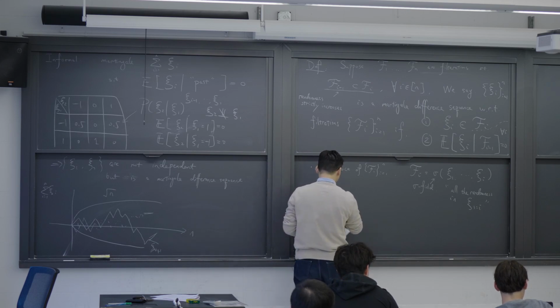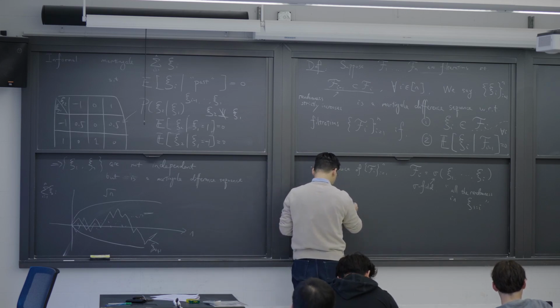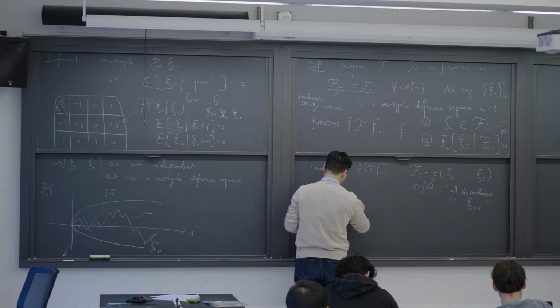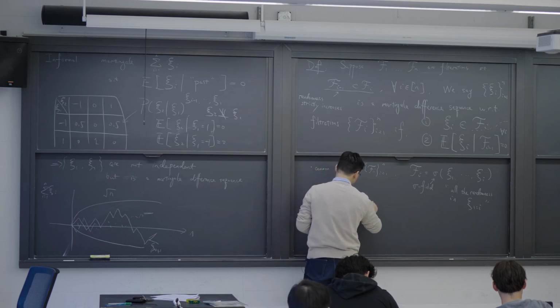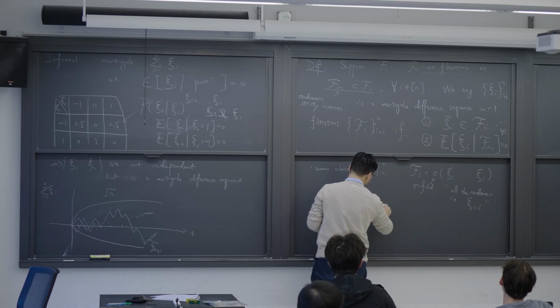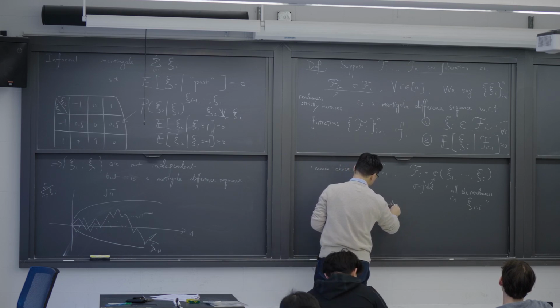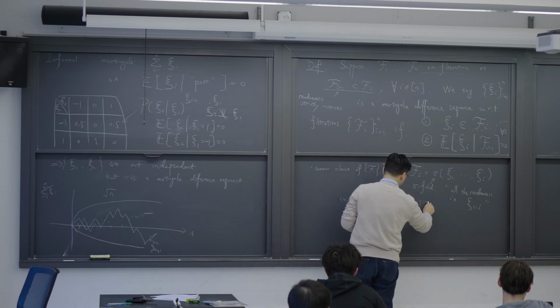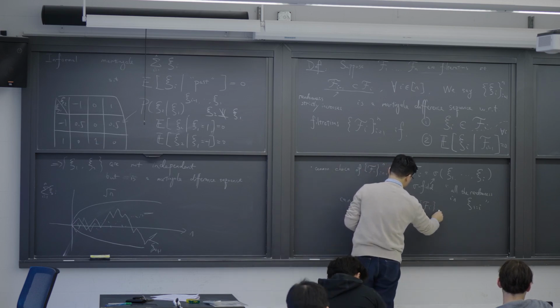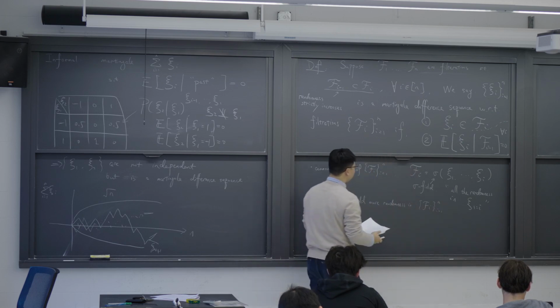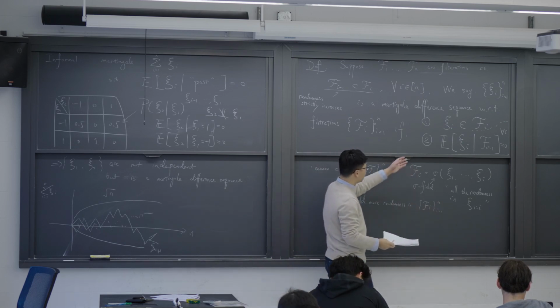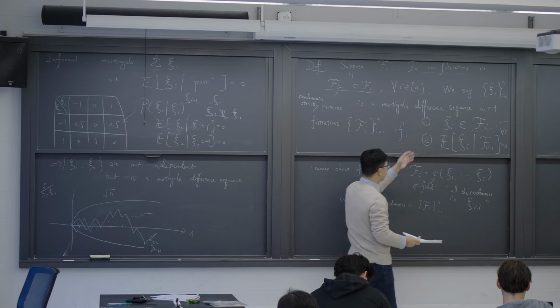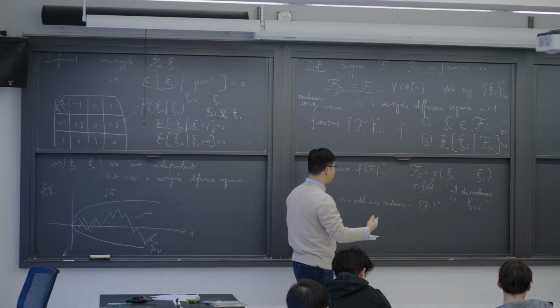The comment here is that the filtration can add more randomness. So in a sense, all we need is to satisfy those two conditions, so you can actually choose some other type of filtration.